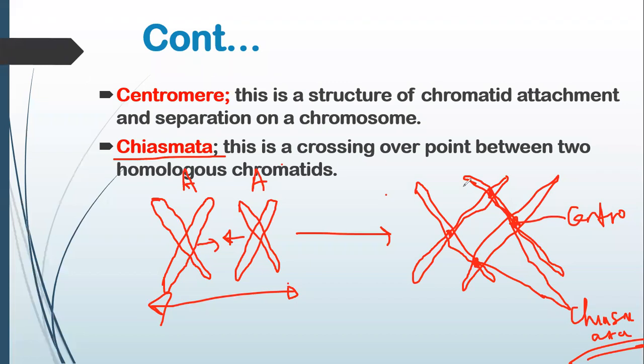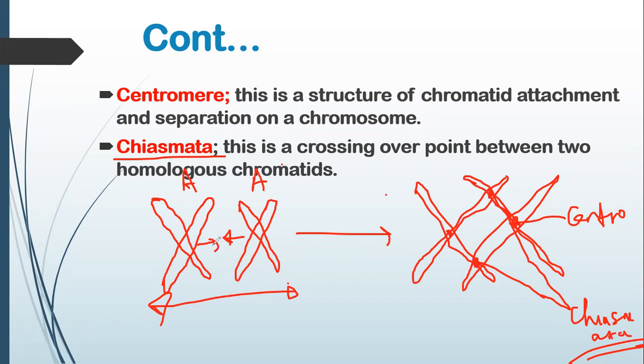So you have your chromosome. This is chromosome A, and actually these two chromosomes are homologous chromosomes because they are formed from one chromosome. It's one chromosome that replicates to form another chromosome, and the two are the same.